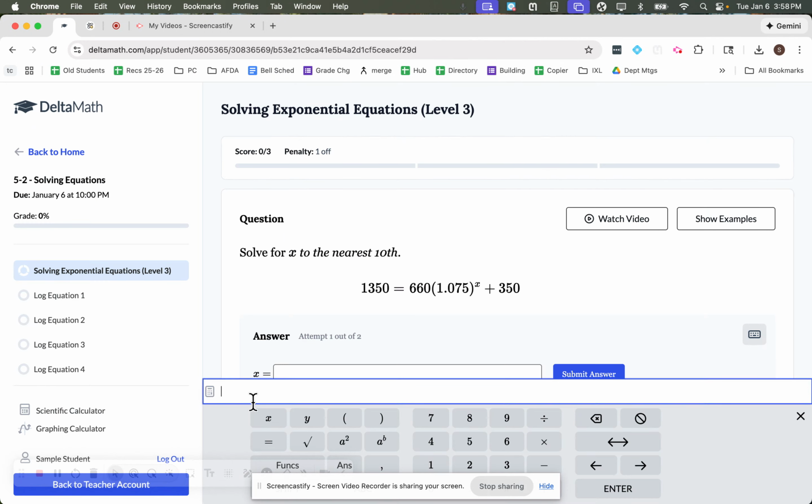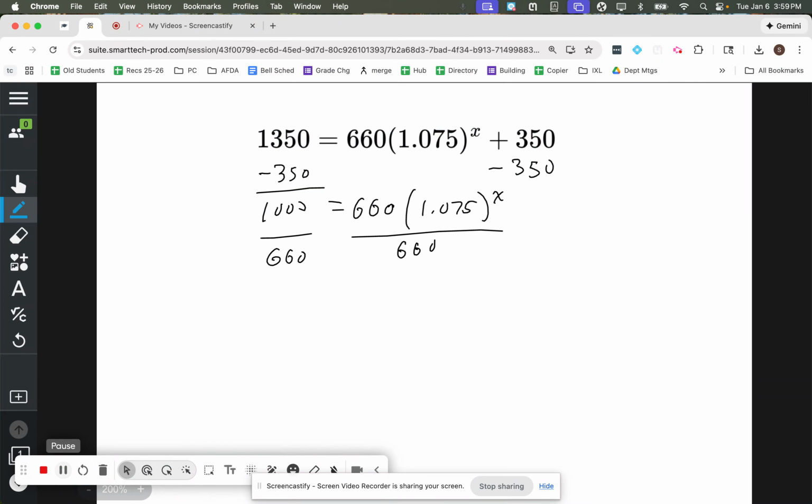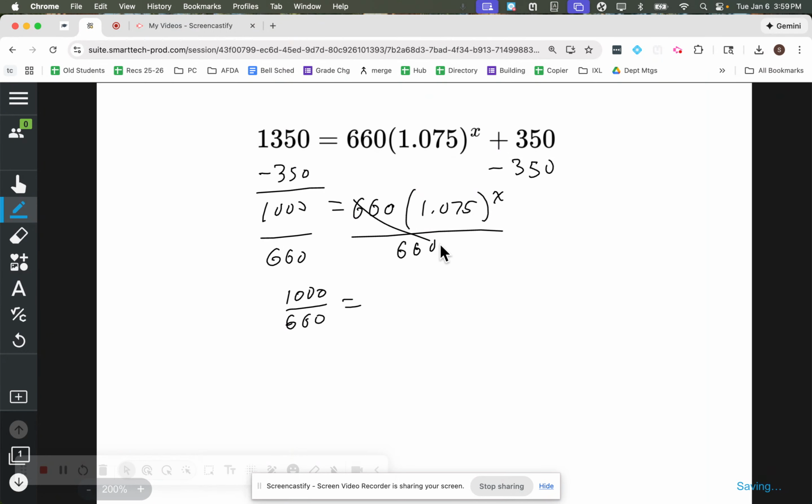And 1,000 divided by 660 is this giant number here, 1.51511515. But I'm going to just leave it as a fraction for now. I'm just going to call it 1,000 over 660. But I've canceled these, so I have 1.075 to the x.